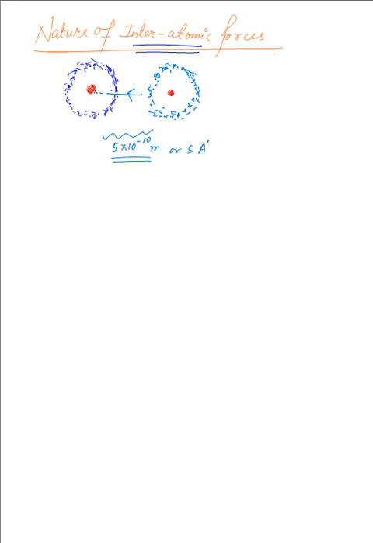Nearly at 5 angstrom, the electrons start interacting with one another and they start repelling each other.